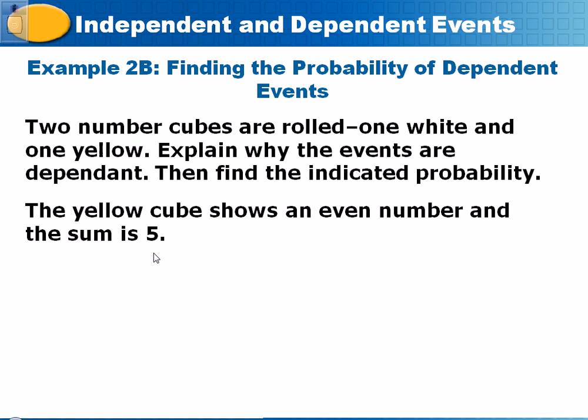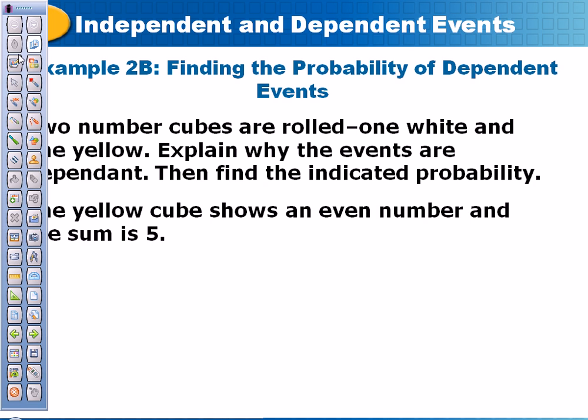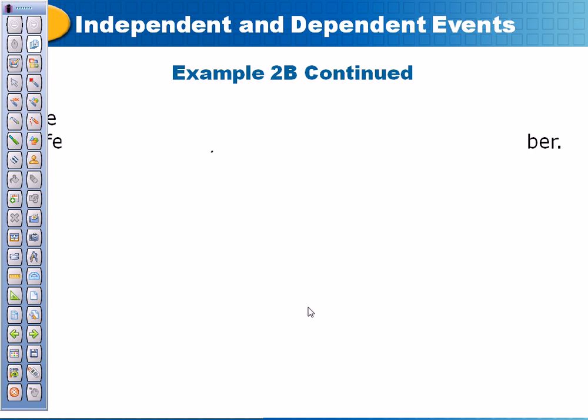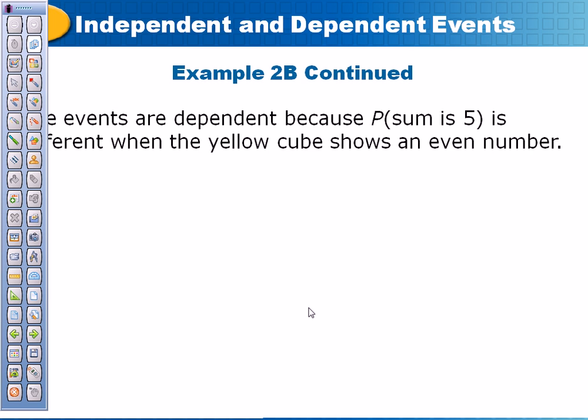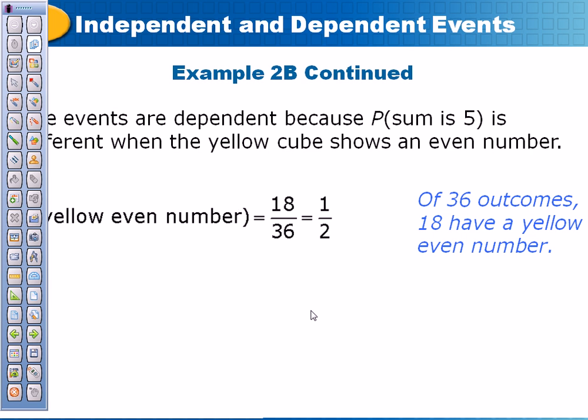So, first of all, let's take a look. What is the probability of an even number? 1/2. Okay? Now, given that this first one is even, we are only looking at a sample space of 18, right?